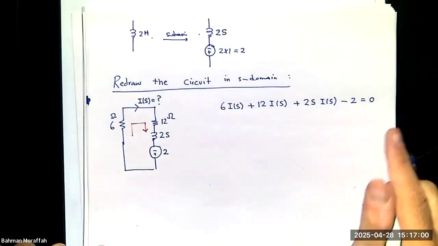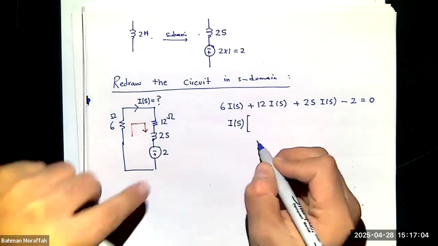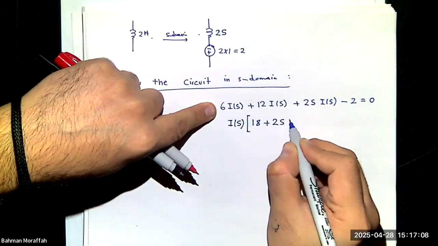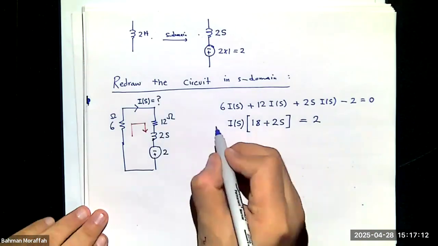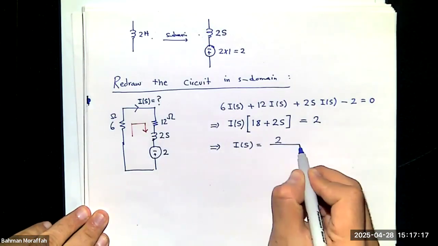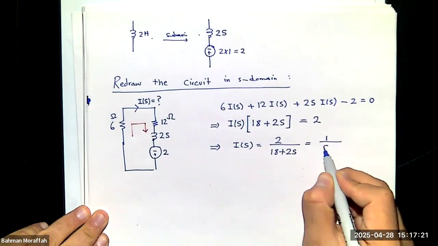So let me factor out this I of S. I have 6 plus 12, so it's 18, plus 2S equals 2. Therefore, I of S is 2 divided by 18 plus 2S, which is 1 over S plus 9.